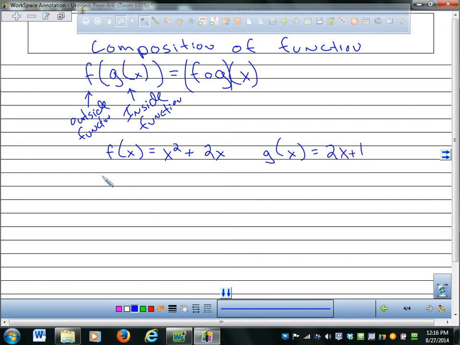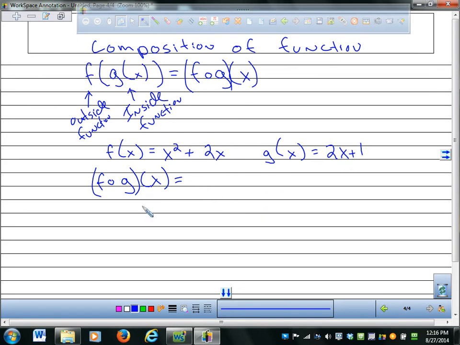Who could tell me what f of g of x is? I don't remember if you have to put this part in parentheses or not. What do I do with that? Yes. 2x plus 1, all of that squared, plus 2 times.